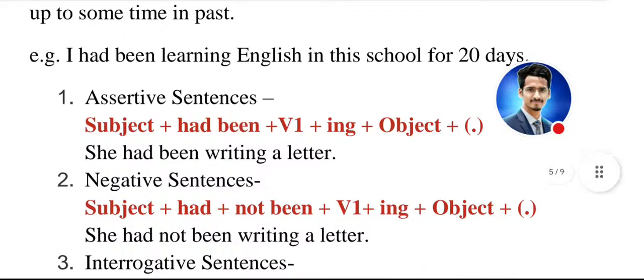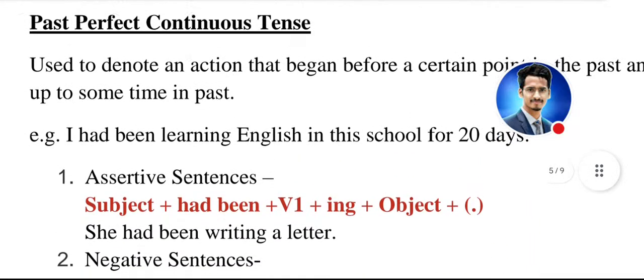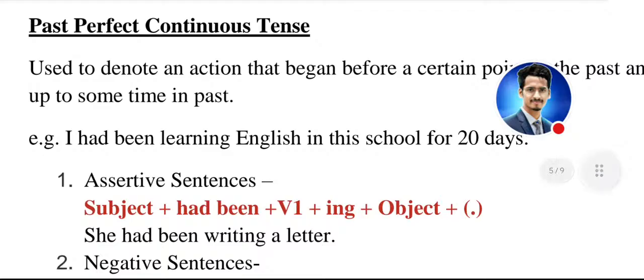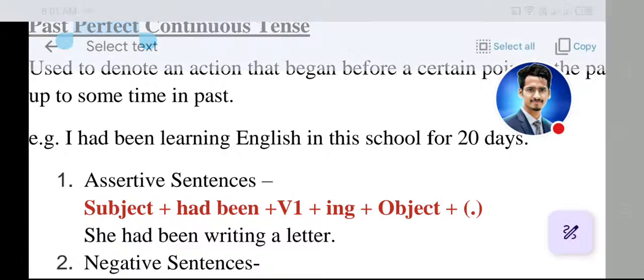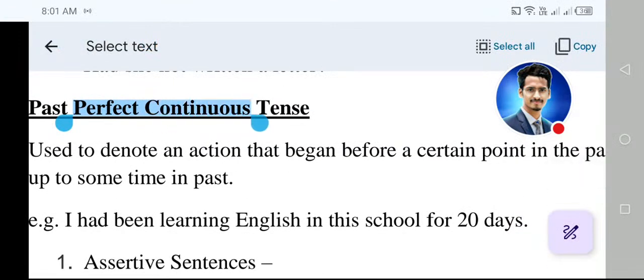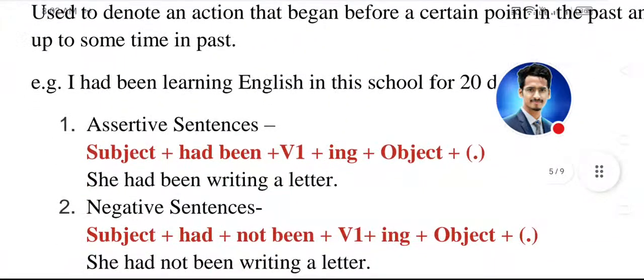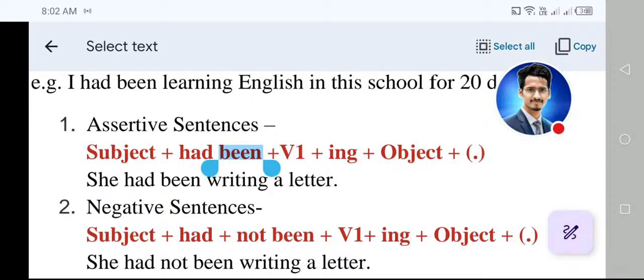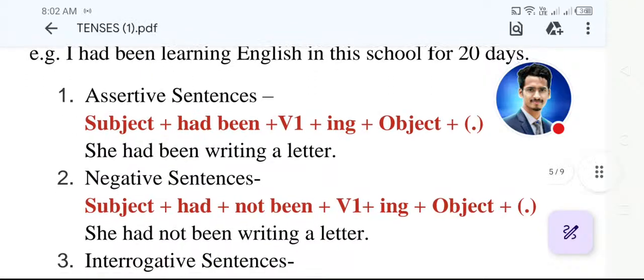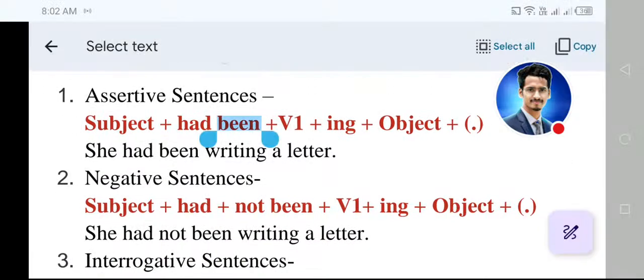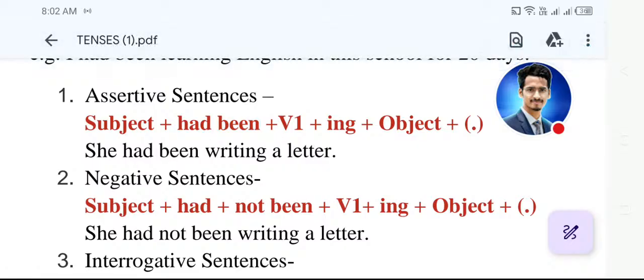I just told you, if you see anywhere past perfect continuous, present perfect continuous or future perfect continuous, if you see perfect and continuous together in any tense, then there must be a been. I told you in the previous class, so you must find the been in the sentence if it is perfect and continuous together. So, she had been writing a letter.